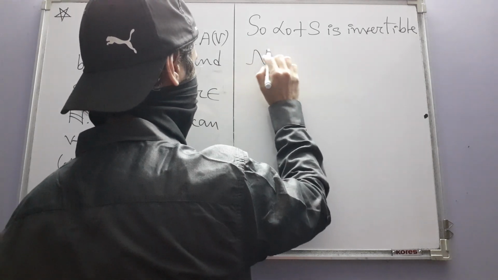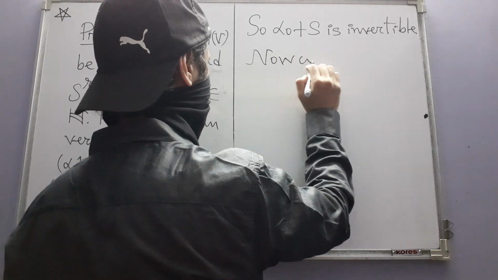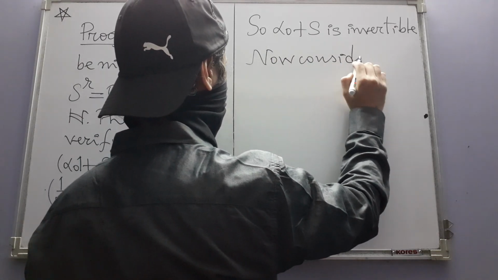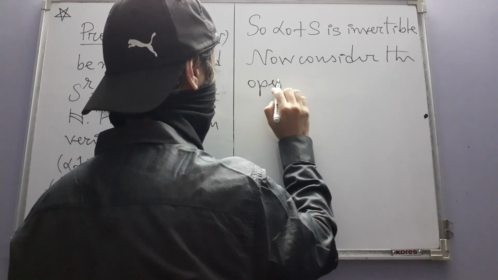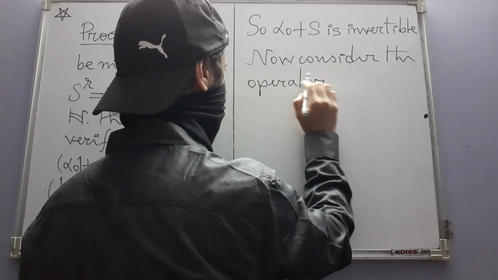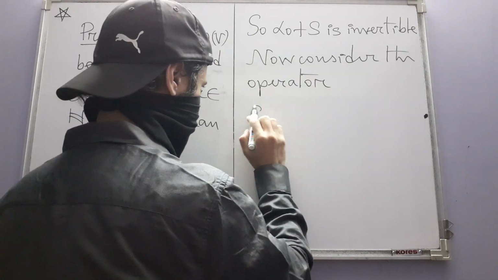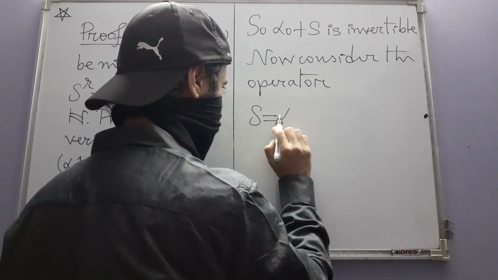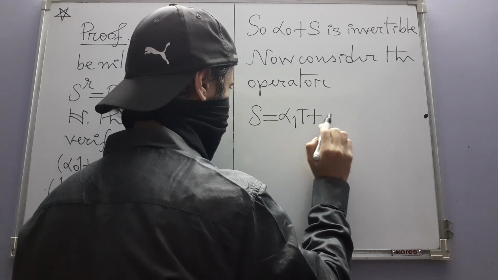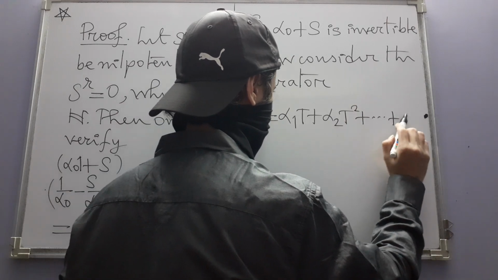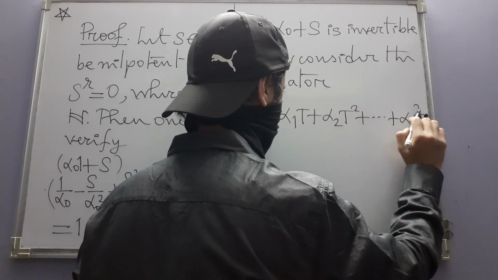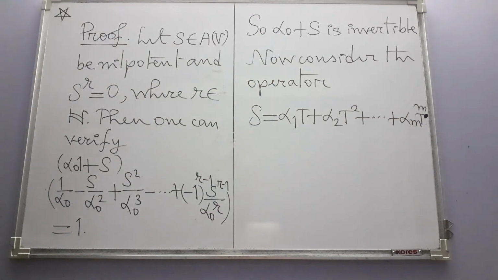Now, consider the operator S equal to alpha 1 t plus alpha 2 t square and so on plus alpha m t to the power m.